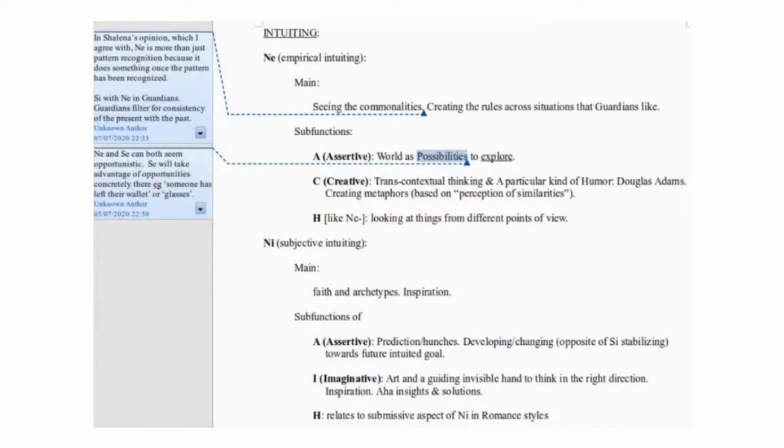And then harmonizing relates to submissive aspects. Interesting. Yeah, I'm not sure what that word exactly means. I'm sure there's more to the harmonizing side of NI. Yeah, imaginative inspiration. I like that.